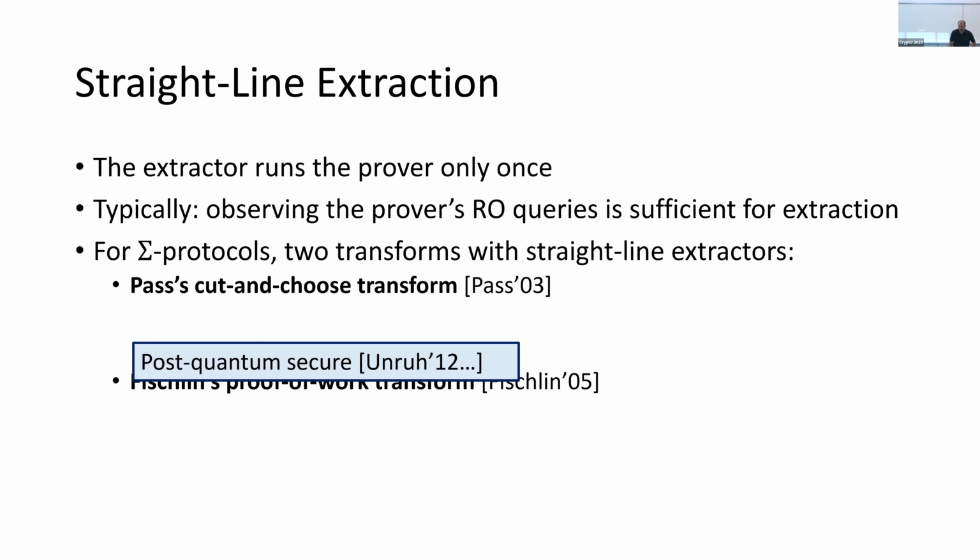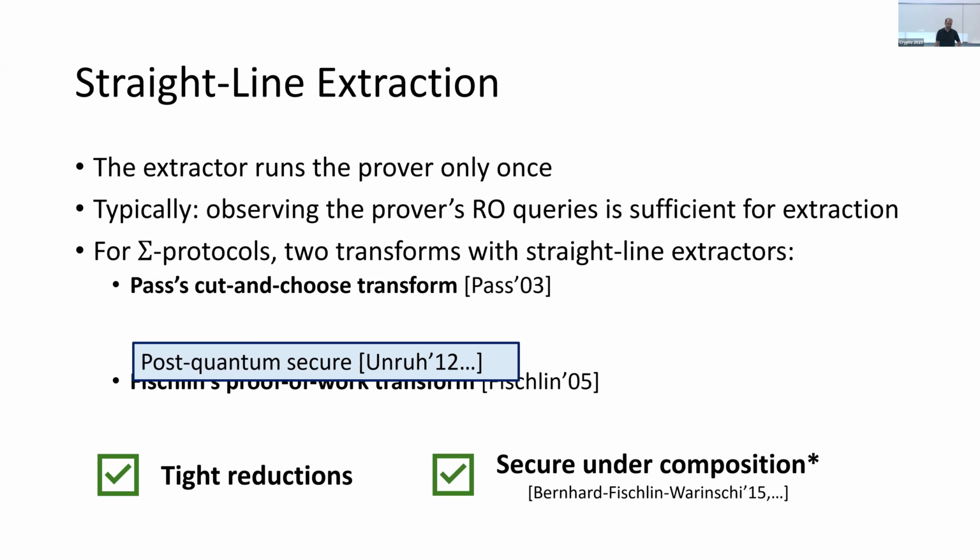But the second one is due to Fischlin, a couple of years later, and it's based on a proof of work type mechanism that we'll see later on. So both of these have tight reductions, even though the proofs that you end up with are longer than if you use Fiat-Shamir. And they're also secure under composition in settings where Fiat-Shamir is not.